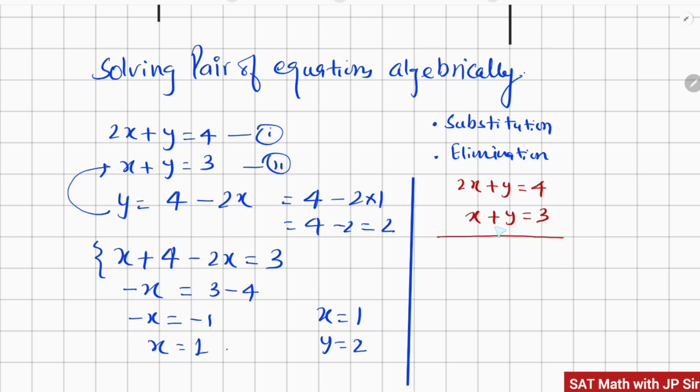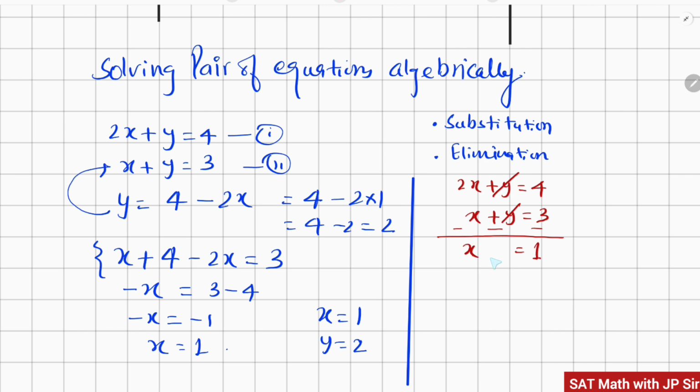This is plus y, this is plus y, and we have to cancel it. Because they have the same sign, we cannot cancel, so we need to change the signs. So this is plus, this becomes negative; this is plus, this becomes negative; and this is plus, this also becomes negative. We will cancel these. 2x minus x, because this is 2x, this is minus 1x, so this becomes x, and this is 4 minus 3, this becomes 1, so x equals 1.